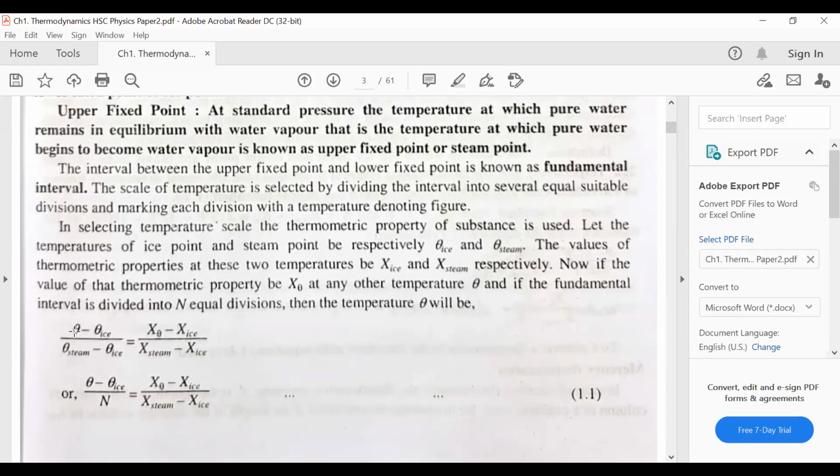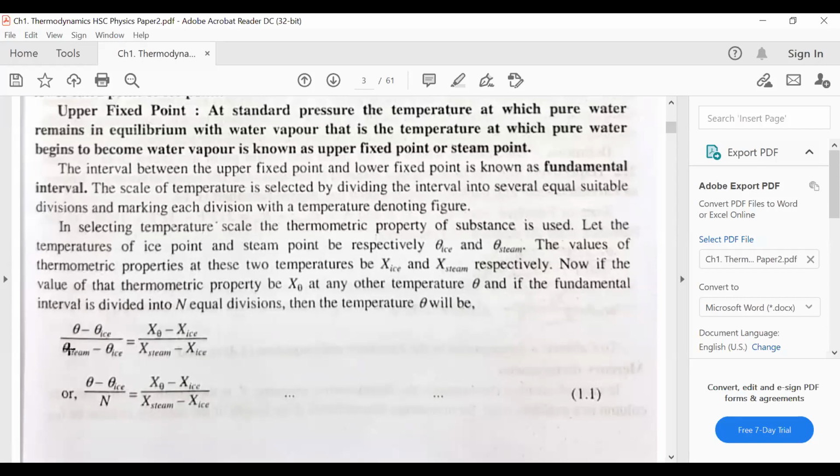equation. What is theta? Theta is the temperature of a body. Usually we express it as theta when it is given in degree Celsius, in Celsius scale. And if it is in Kelvin scale, we usually express temperature by capital T. Here we are taking a general case. In any scale, suppose theta represents the temperature of a body and theta ice represents the ice point, that is the lower fixed point at that scale.